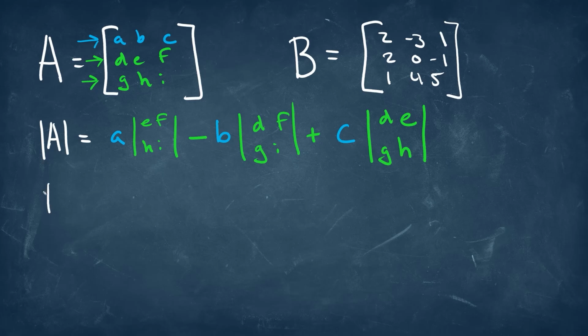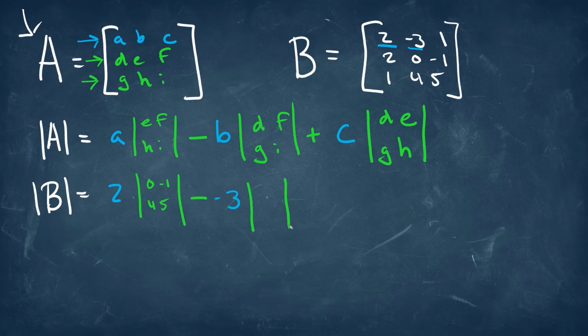To take the determinant of B, we're going to follow the same steps that we learned from looking at A. We'll start by taking the 2 that's in front and multiplying it by the determinant of the other 2 rows, which will give us 0, negative 1, 4, and 5, minus the second column, which will be a negative 3, times the determinant of 2, negative 1, 1, and 5, plus the third column value of 1 times the determinant of the other 2 columns on the left.